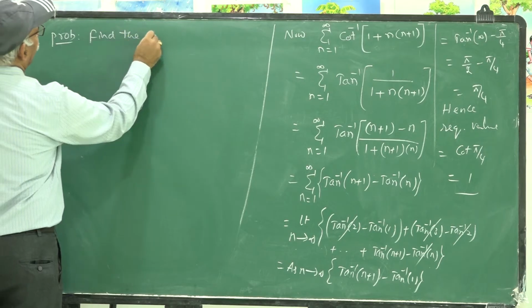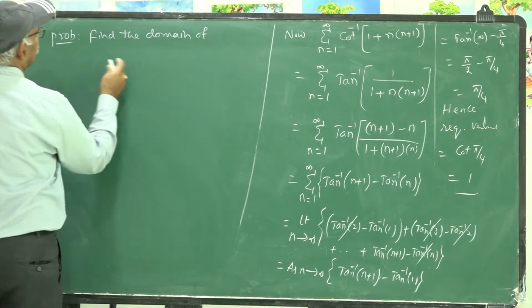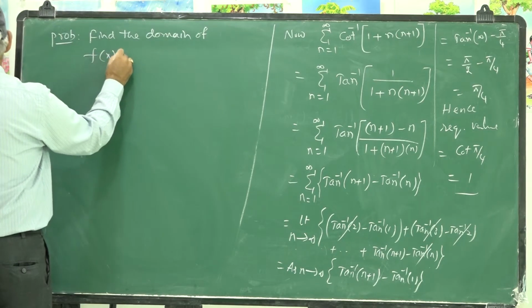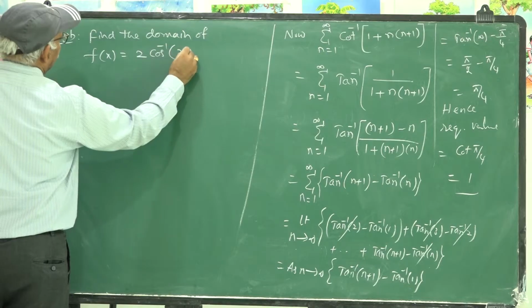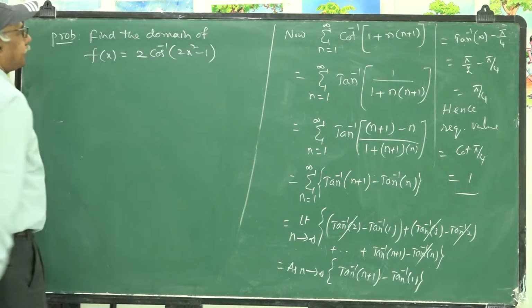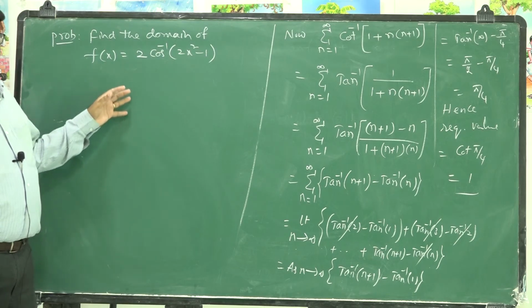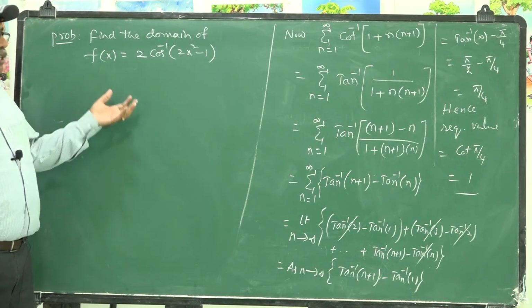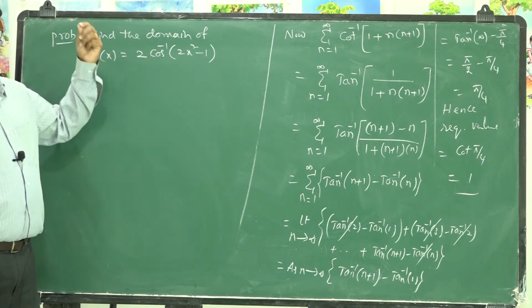Find the domain of f of x equal to 2 cos inverse of 2x square minus... Actually, this problem comes under functions, functional concepts, along with inverse trigonometric functions.